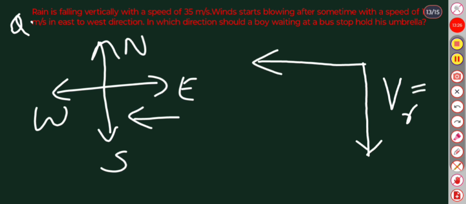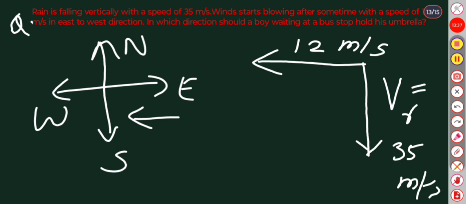VR is given as 35 meter per second, and this value is 12 meter per second. This is our wind velocity. Again, the question asks in which direction the boy waiting at the bus stop should hold his umbrella.